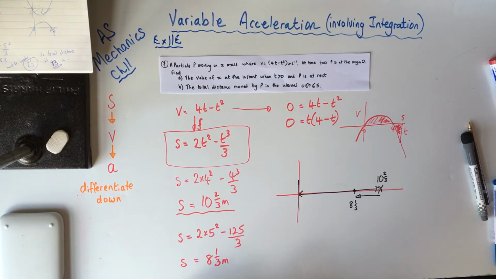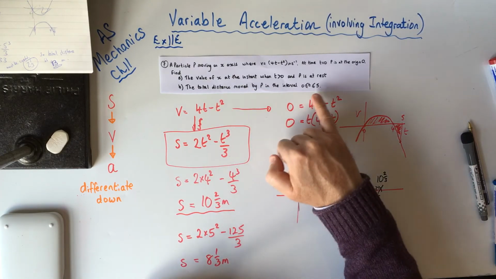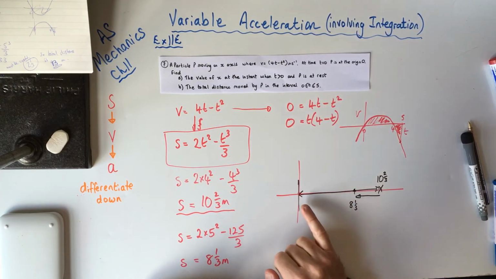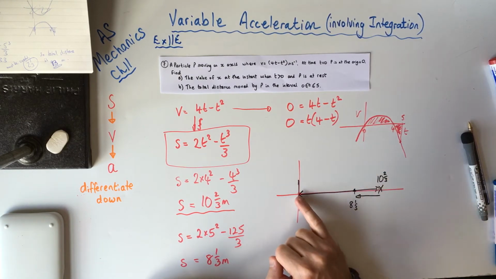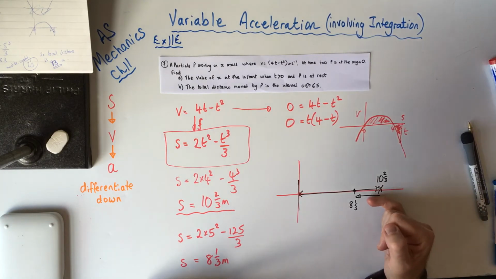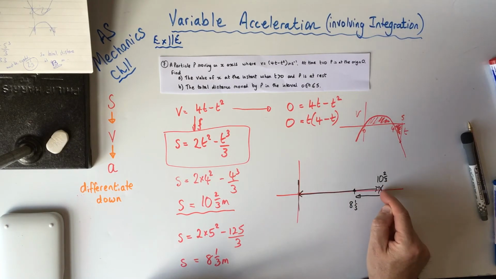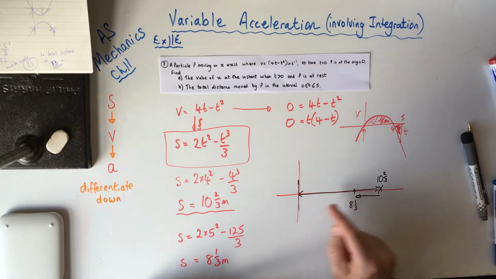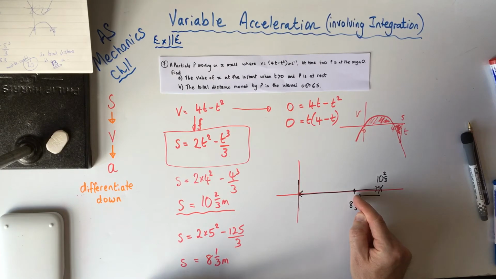Okay, so how far has it travelled? The question is not displacement, it is distance, the total distance travelled between 0 and 5 seconds. Well, between 0 and 5 seconds, it's travelled 10 2/3 of a metre. You can't take that away from it, it's travelled that. And then it's travelled back that short distance from 10 2/3 metres away from the origin to a displacement of 8 1/3.